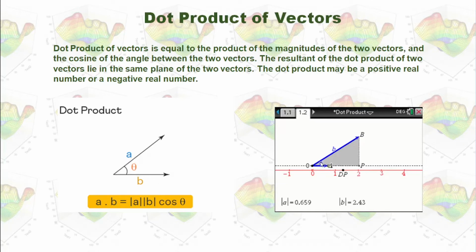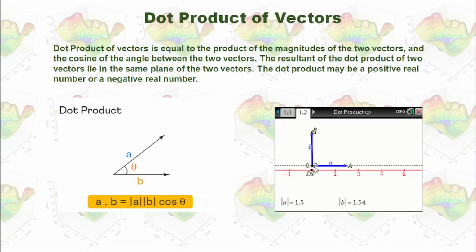When the angle theta is an acute angle, the dot product of vector A and vector B is positive. But when the angle theta is a right angle, the dot product between the two vectors will be 0.